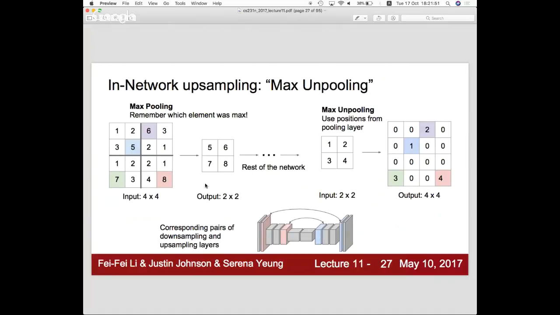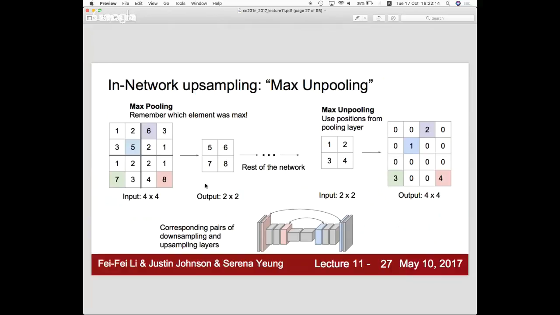So the method we use here is, for the downpooling session, we get the max feature in this matrix. Here is 5, 6, 7, 8, and we can see this is a feature of this part of the image.